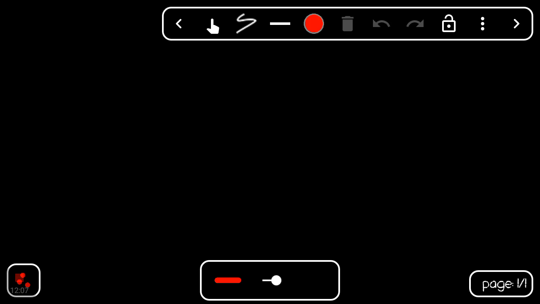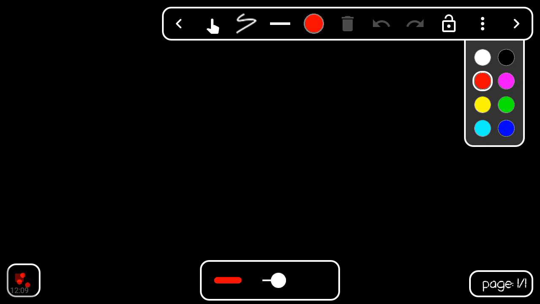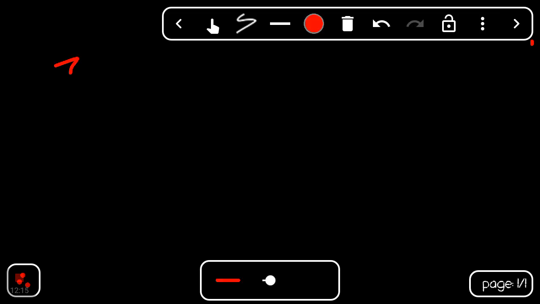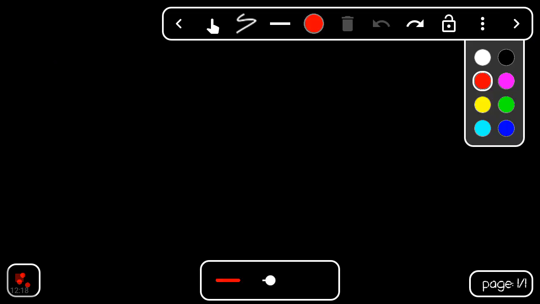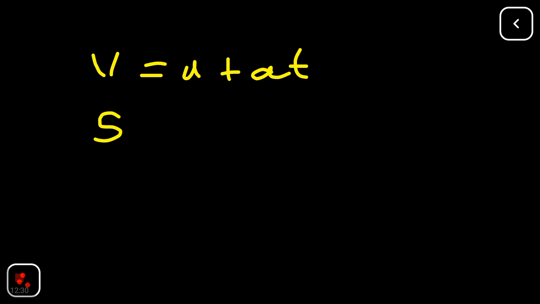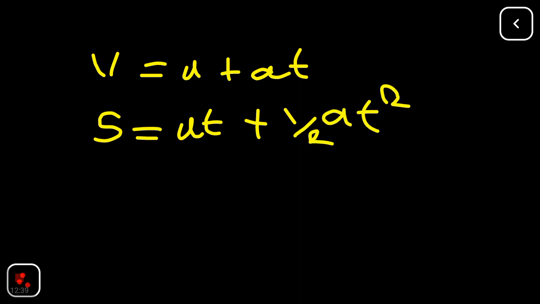There are other equations that are very important that you should know, right? Apart from v is equals to u plus at, you also have the next one: s is equals to ut plus or minus half at square.